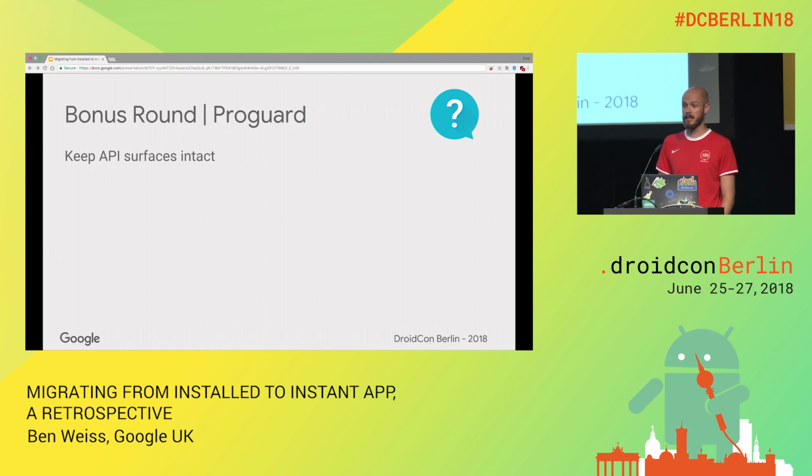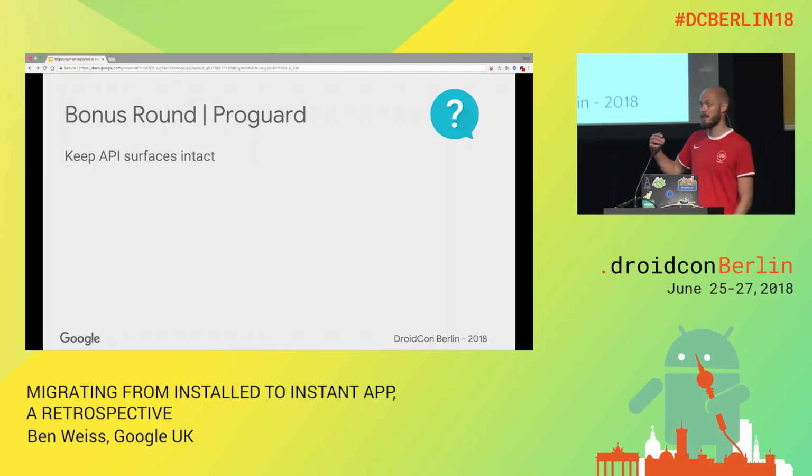So another thing is ProGuard. Who in here obfuscates their app or uses minification with ProGuard through Gradle? Wow. OK. One thing you have to keep in mind is that with that, you have become a library developer, and you expose APIs from one module to the other.